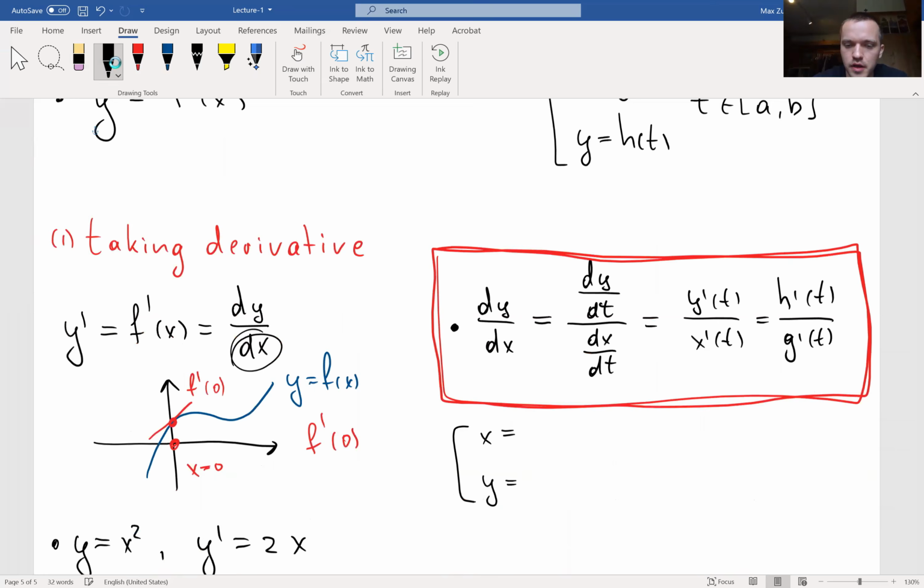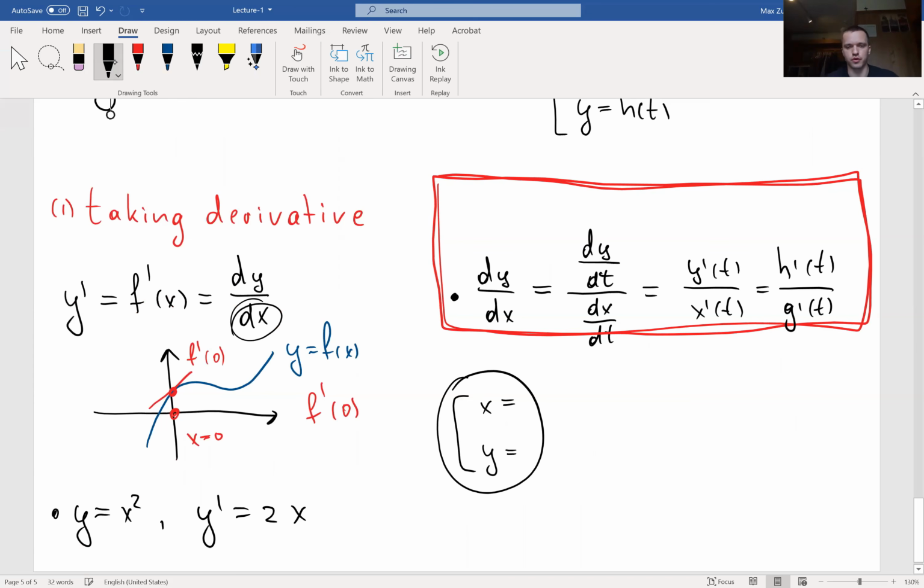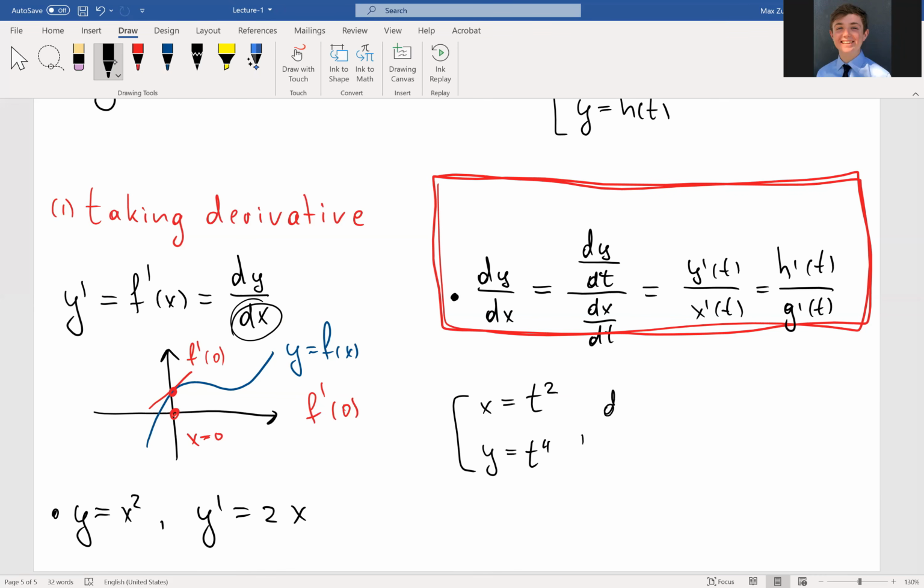Can anyone give me a parameterization for x? Also that works with t squared and t to the fourth, yes? Because if x is equal to t squared, then y must be equal to t to the fourth. Okay, let's find the derivative then. We have dy over dx.